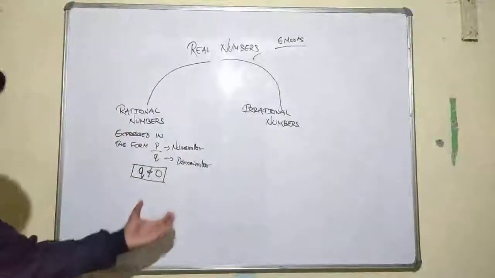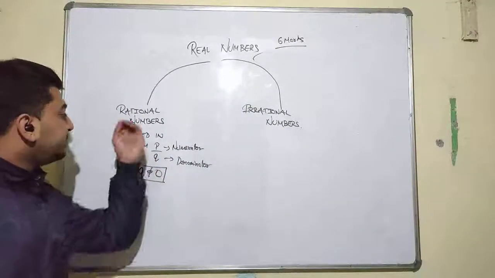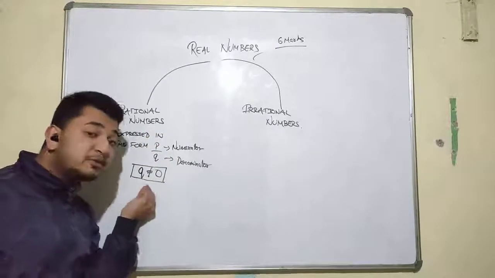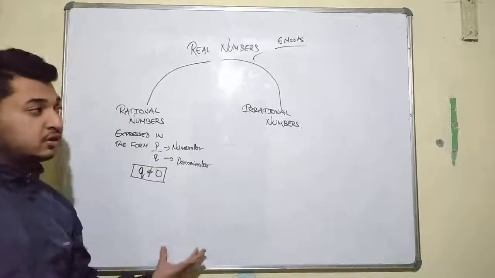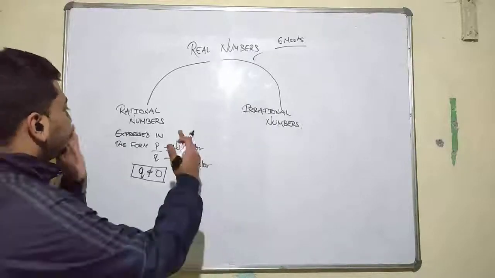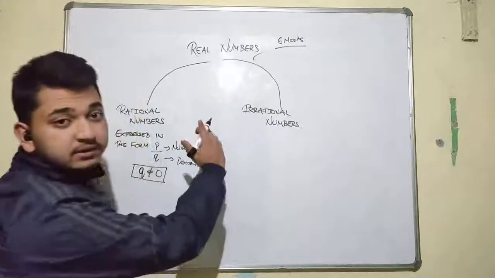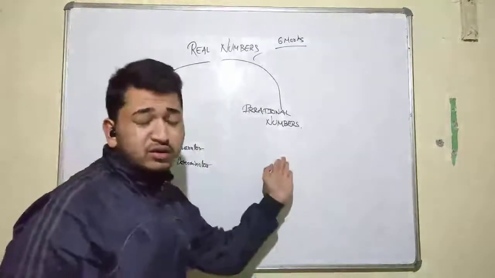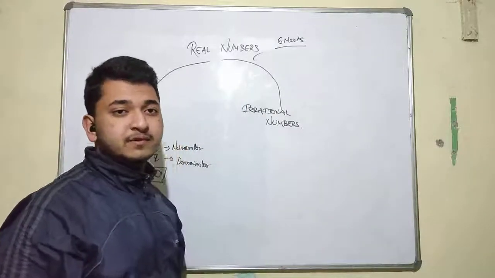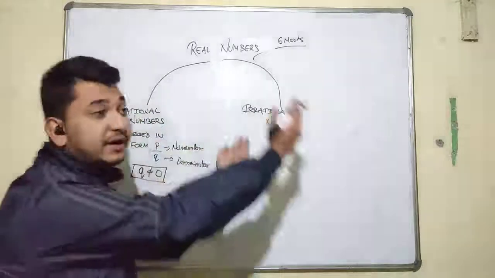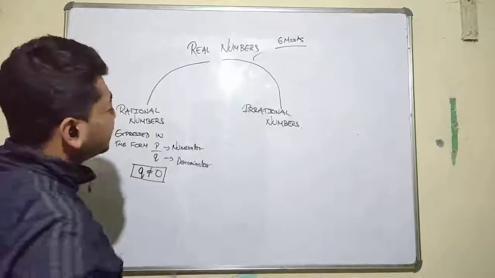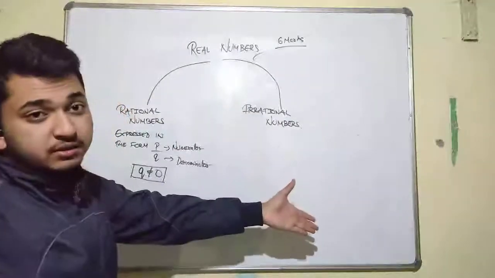So, what is a rational number? Numbers which can be expressed in the form of P by Q, and Q should not be equals to 0. So, I hope this is stuck in your head. So now, what is an irrational number? If you have black, you have white, so it's the same like that. A rational number is the exact opposite of irrational numbers.